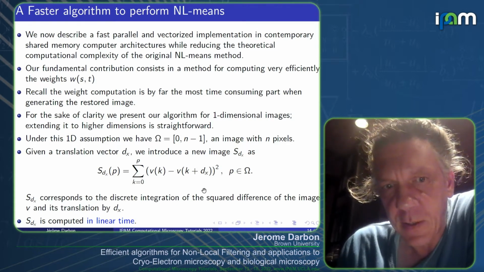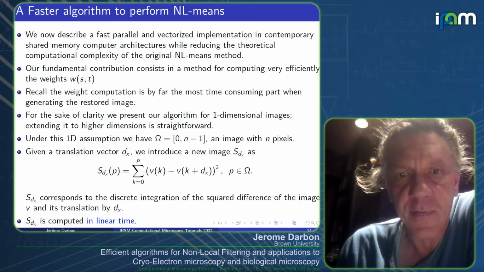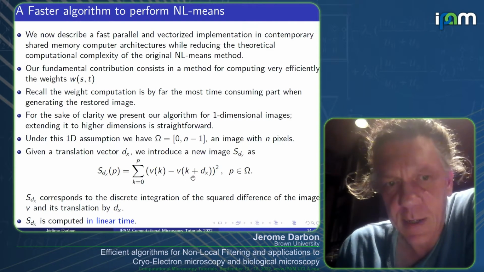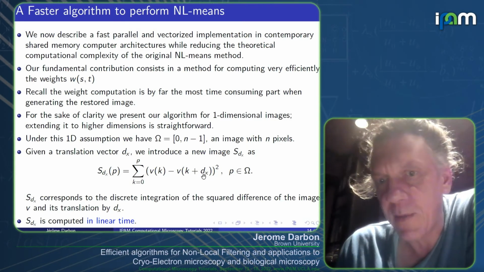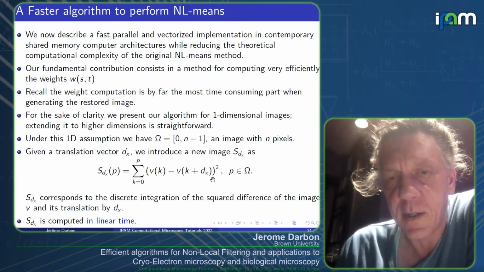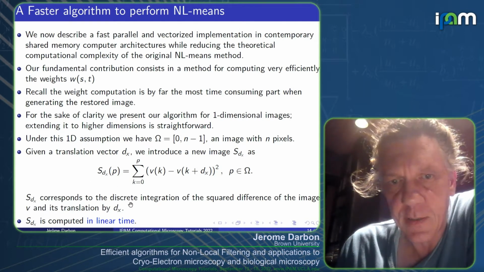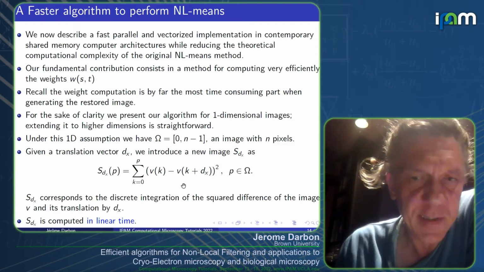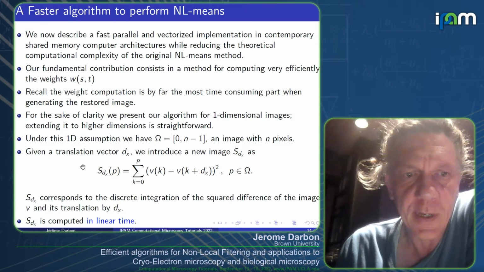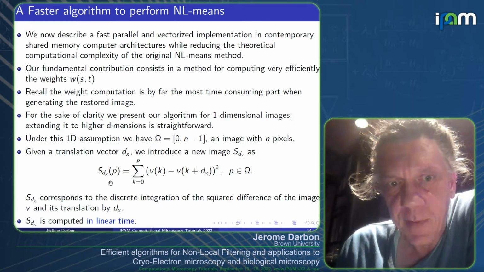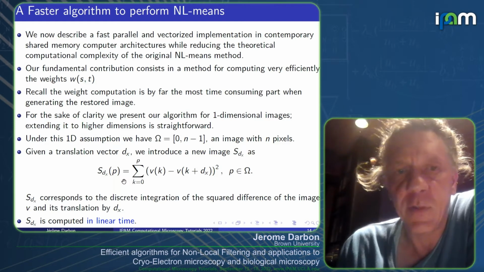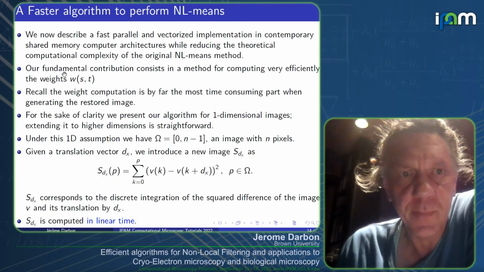So what I'm doing here is a discrete integration of the squared difference of the image v and its translation by the vector dx. This quantity can be computed in linear time. So this is a quantity that is very easy to compute in linear time. And now, assuming that we have computed this quantity, I'm going to show you how we can compute easily and efficiently the weights W.